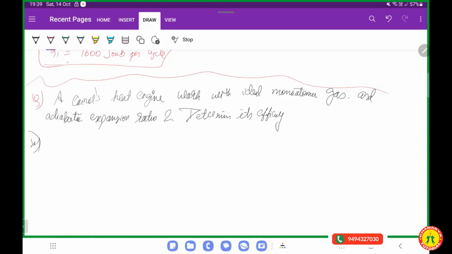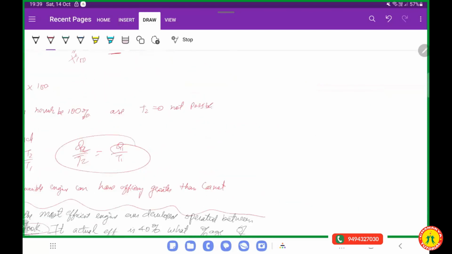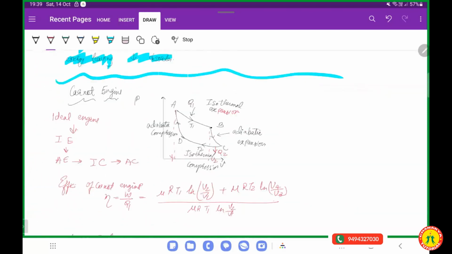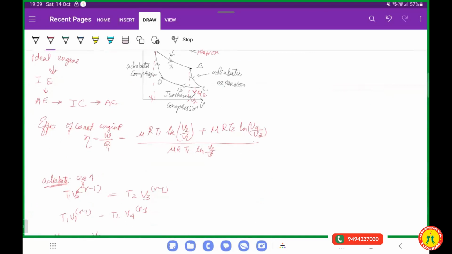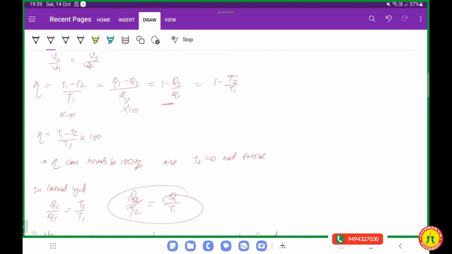Okay, so the expansion ratio is V3 by V2 for the adiabatic third process of the Carnot cycle.